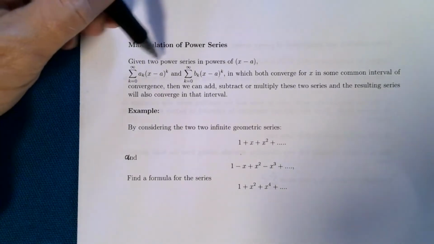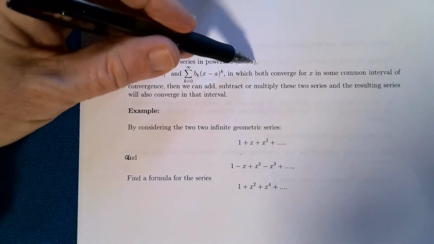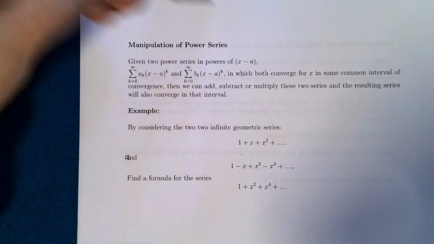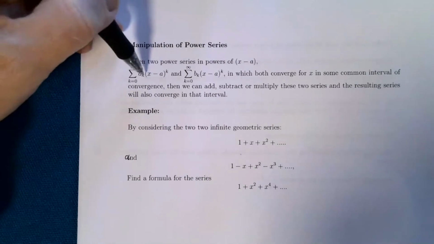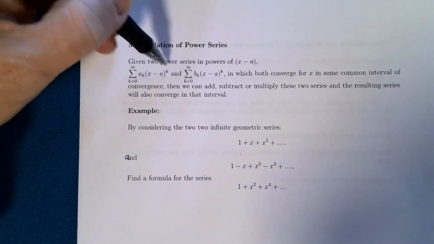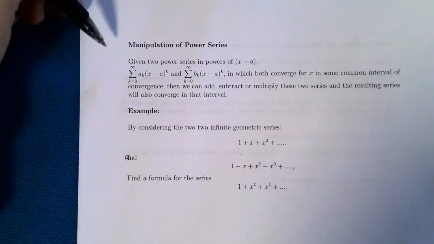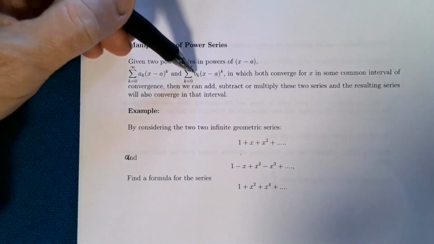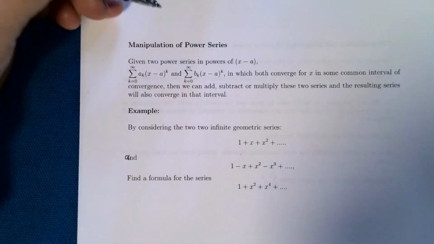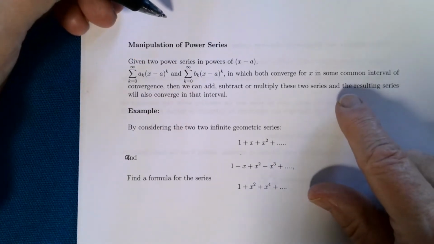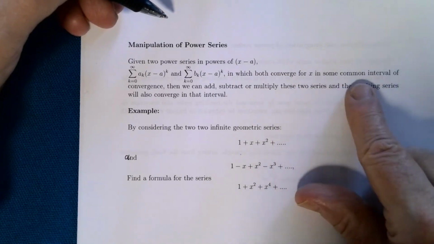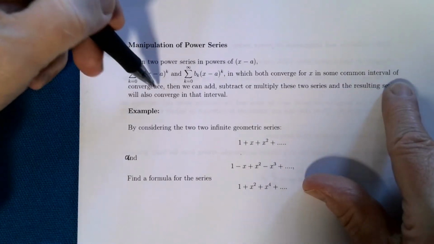So given two power series in powers of x minus a, that is, with centre a, the first one looks like this, for example. It's the series with coefficients a sub k, and it's got centre some number a. And here's the second series, with coefficients b sub k, also with centre a, in which both converge for x in some common interval of convergence.